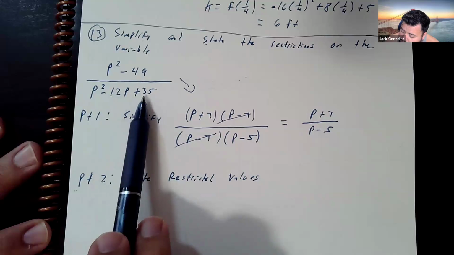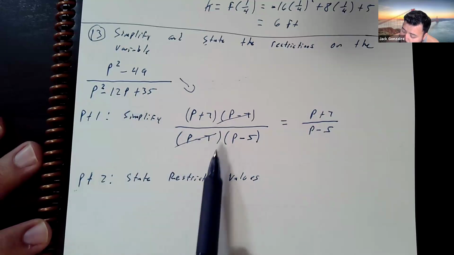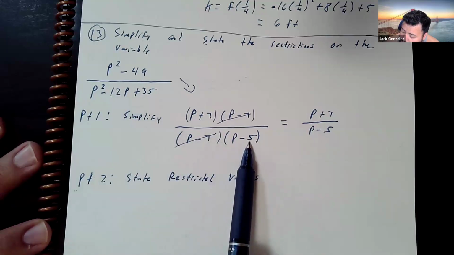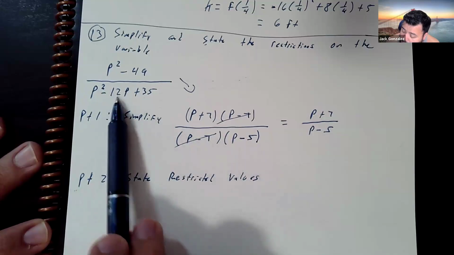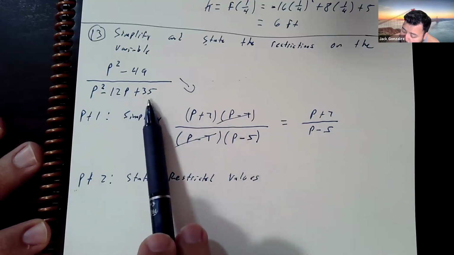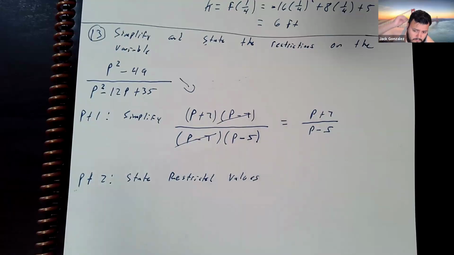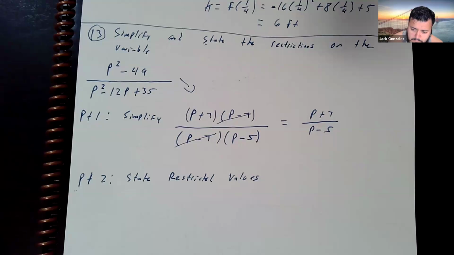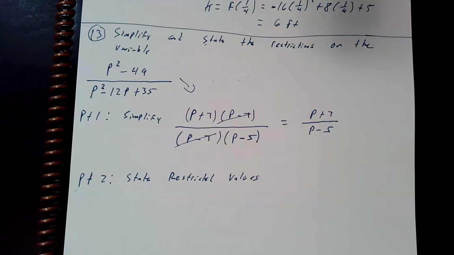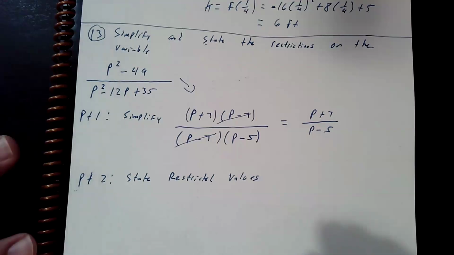The factors of 35 that add up to negative 12: negative 7 and negative 5 add up to negative 12, and if you multiply them, you get 35. Doing the trial and error factoring. So for the first part you just factor, and that's how you get it.